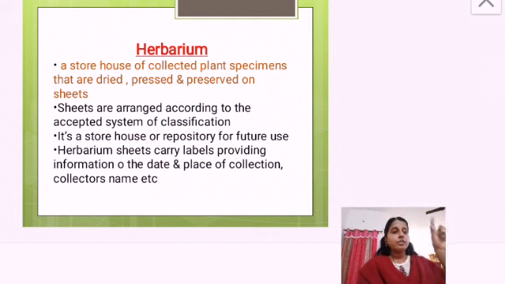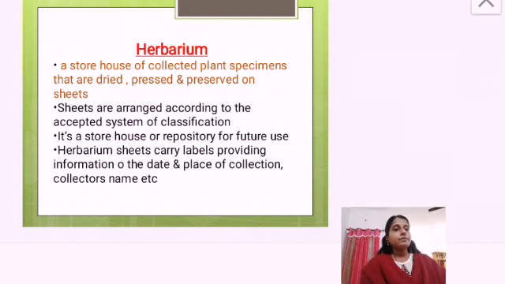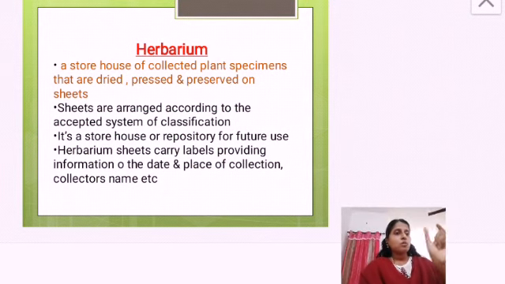Thereafter there will be herbarium sheets. After the plant is completely dried, we paste it on the herbarium sheet and write down all the characteristics: the name of the plant, its binomial name, how its stem looks, how its root looks. All the features are written at the bottom.